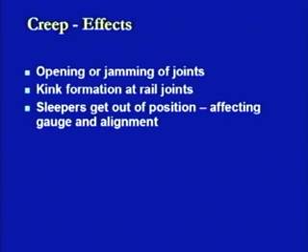Then another aspect is that because the rail is fastened or fixed to the sleepers, if the rail tries to move out in one direction, then it will create a problem to the sleepers also. In that case, if the creep is quite heavy, then the sleepers will start coming out of their position, and they will be shifting relatively along with the rail sections. And if this is happening, then it is going to create a problem to the gauge.